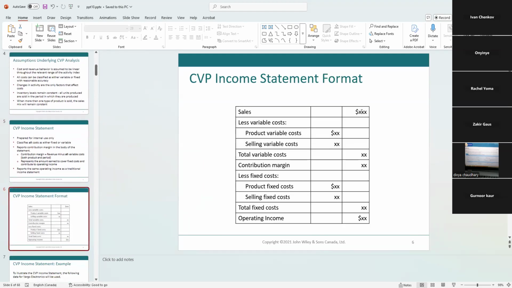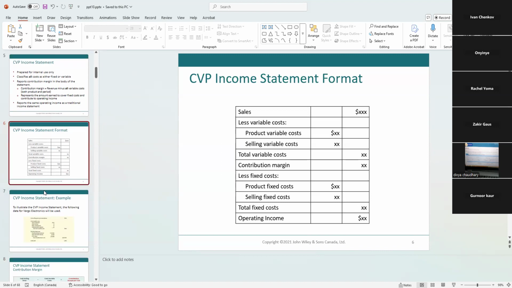We're going to have sales, then total variable cost, contribution margin, fixed cost, total fixed cost, operating income. So you can have different variable costs, but at the end of the day, you're going to have a line total variable cost. Contribution margin, after that fixed cost, and then operating income.